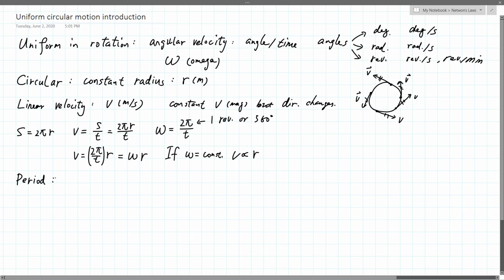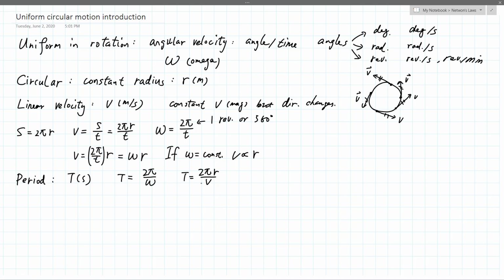This is the time it takes to complete one full circle, and I know that the period is equal to how many radians over how fast you're turning. And period can also be equal to the arc distance over how fast you're covering those arc distances, right? So even from here, you can find a relationship between omega and v: omega times r is equal to v, but we won't be doing that.